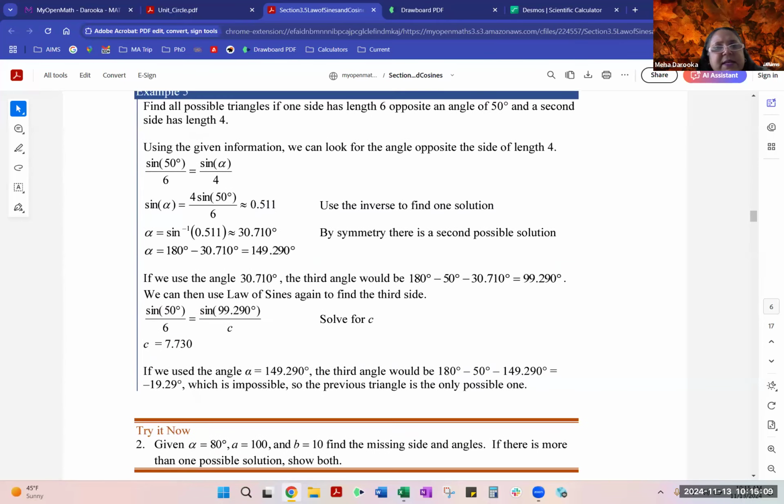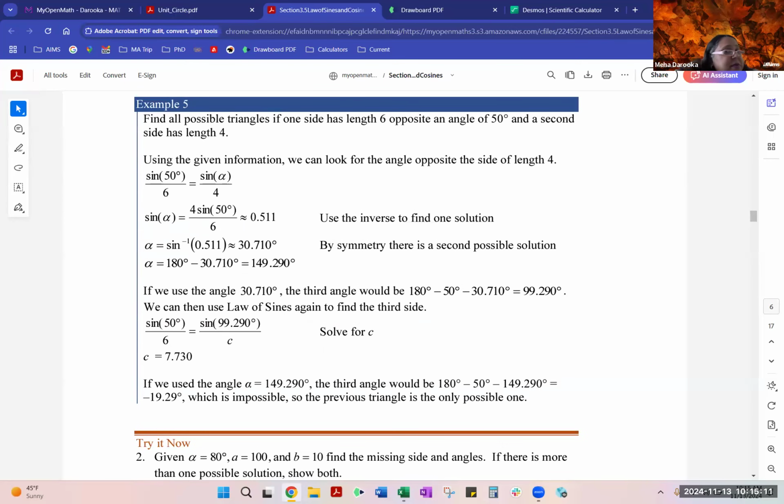All right, let's take a look at this guy over here. So this one is saying, okay, find all the possible triangles if one side has length 6 and angle 50, and the second side has length 4. So you will see in this case, again, since length 6 and opposite angle 50 are together, we go ahead and set them up as one ratio, and then the second length is 4, and then its unknown angle.